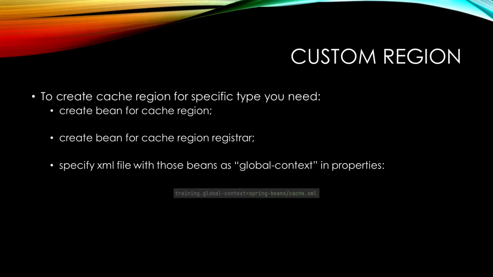To create your custom cache region, you will need a bean for the cache region, a bean for the cache region registrar, and XML files with beans specified as the global context in the project properties file.